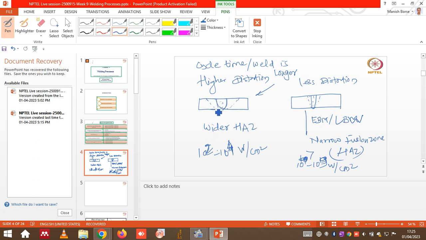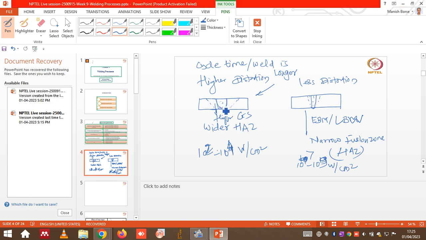That's why there is often higher grain growth in the heat affected zone, and it is also unmodified.